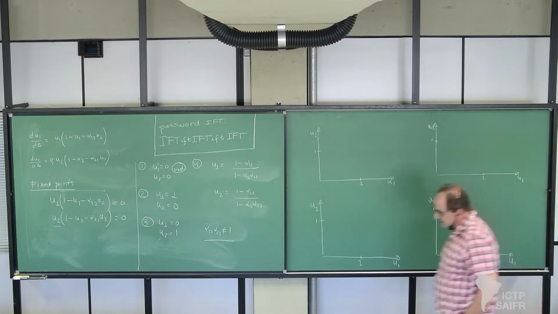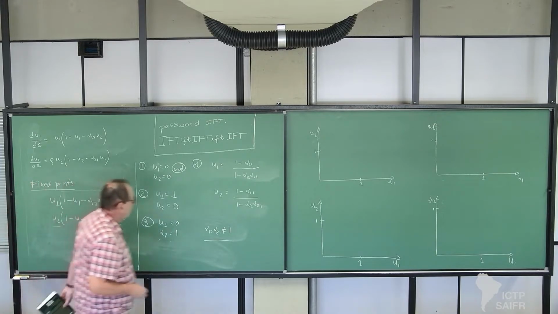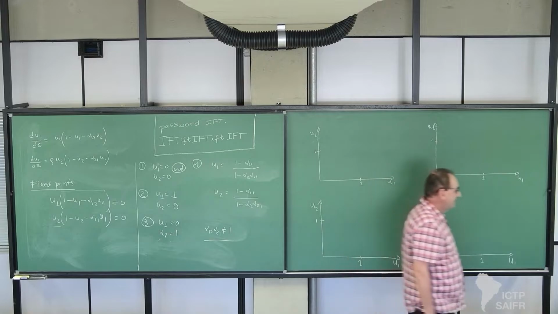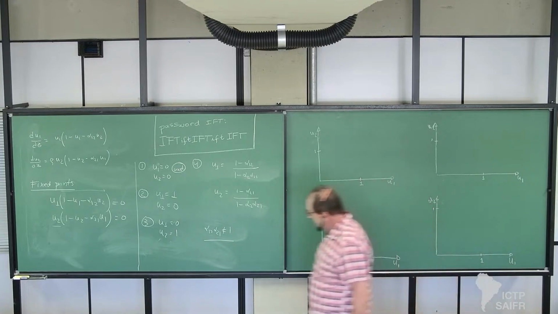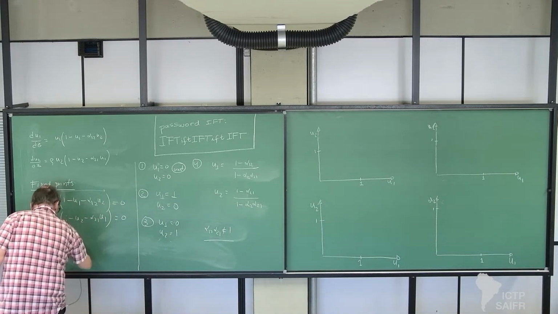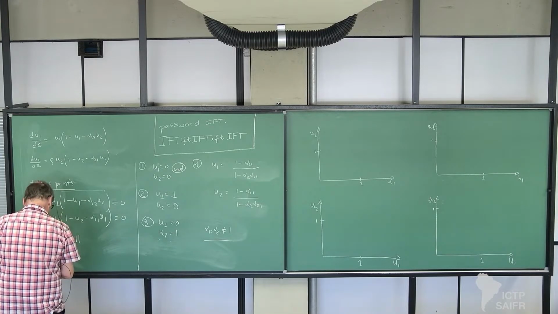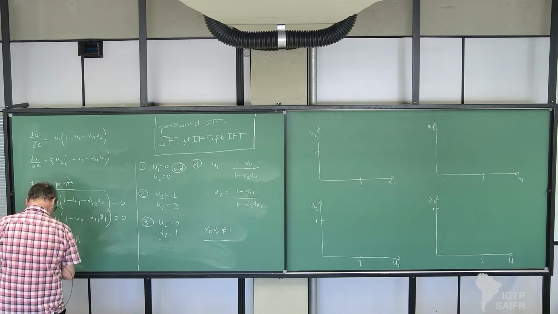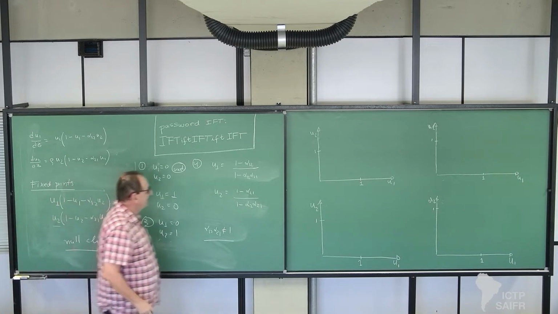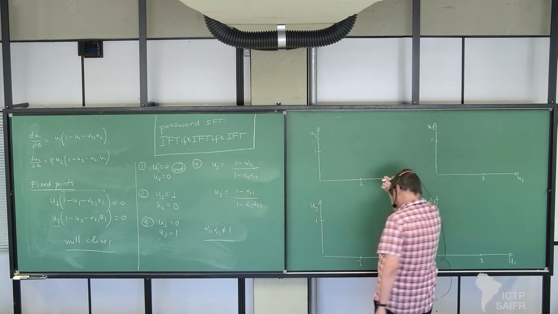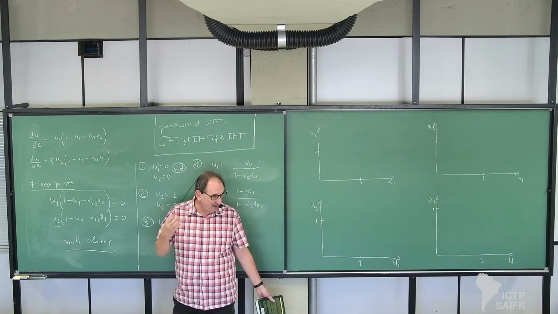So now let me proceed in the following way. I will draw what are called the nullclines, which are the lines where the populations are constant.